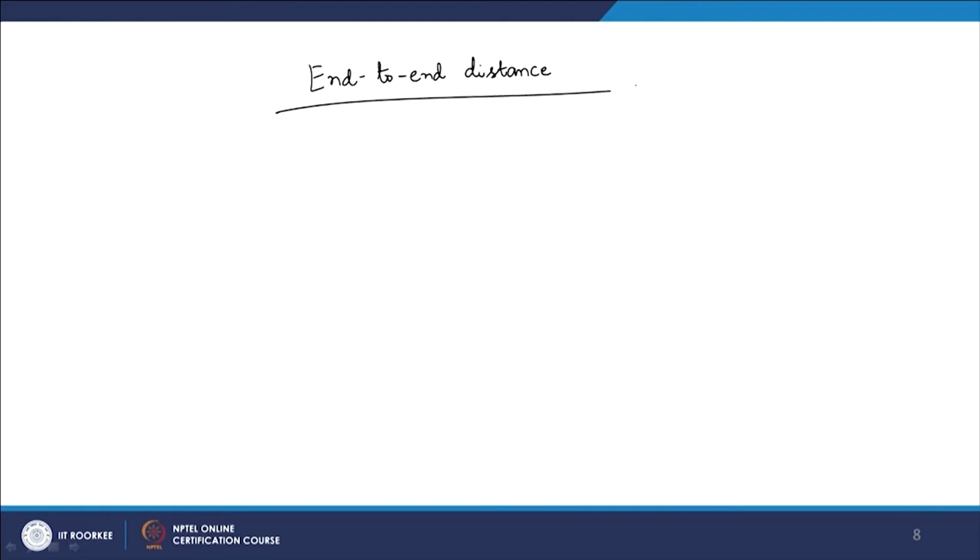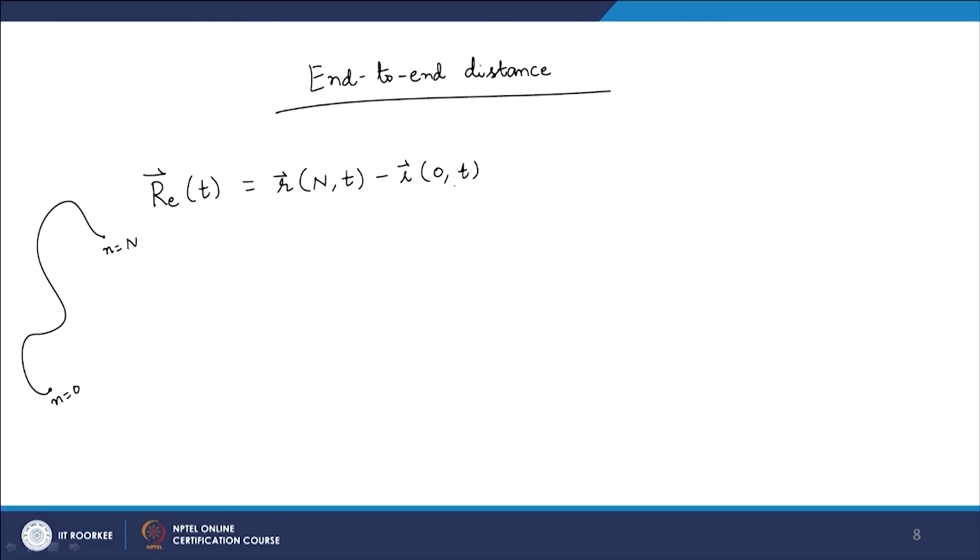So, the end to end distance for our polymer chain going from n equal to 0 to n equal to capital N is simply R(N, t) minus R(0, t), and using the definition that we started with, that R(n, t) is equal to x0 plus 2 times the sum over p equal to 1 to infinity of x_p cos(p pi n by capital N).